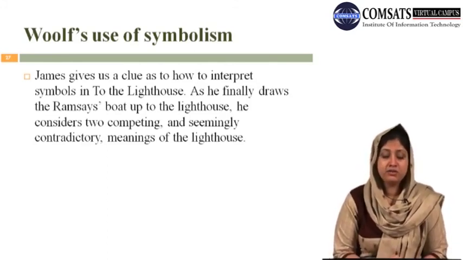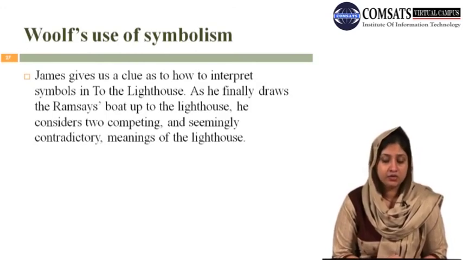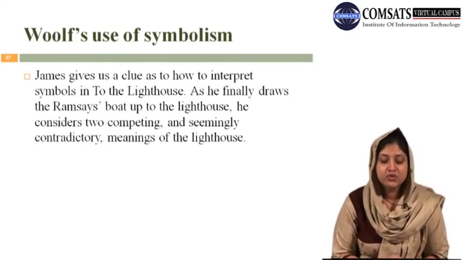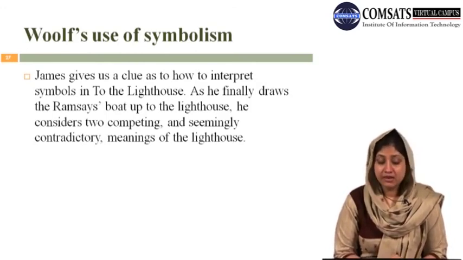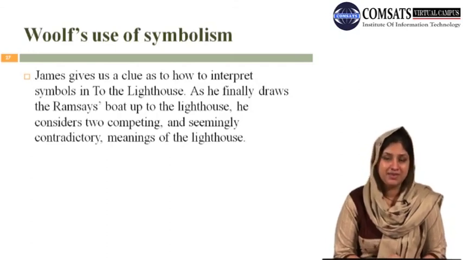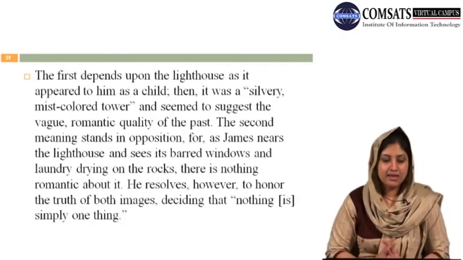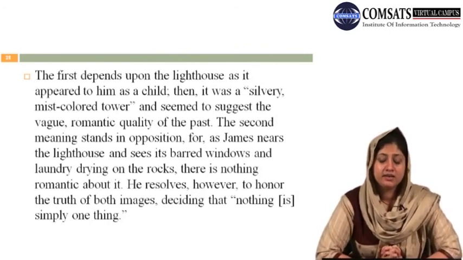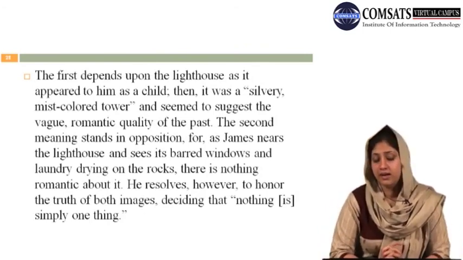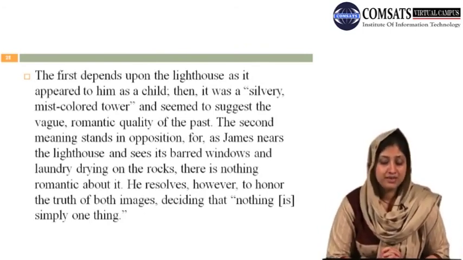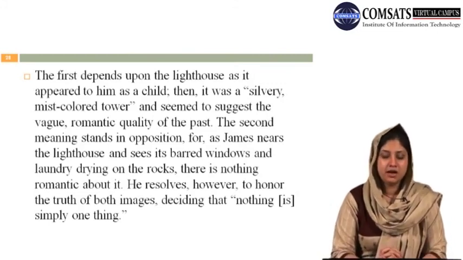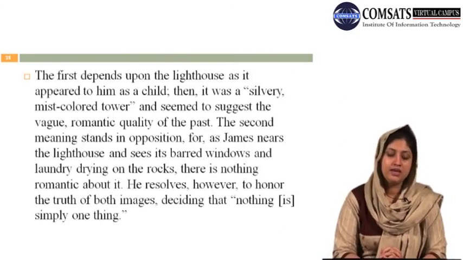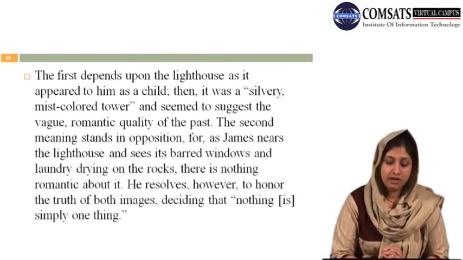As he finally draws the Ramsays' boat up to the lighthouse, he considers two competing and seemingly contradictory meanings of the lighthouse. The first depends upon the lighthouse as it appeared to him as a child, a silvery, mist-colored tower that seemed to suggest the vague, romantic quality of the past.